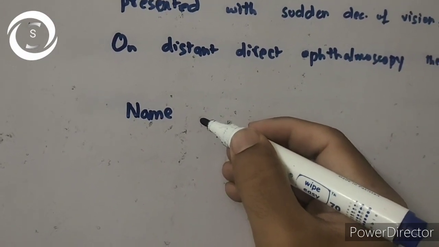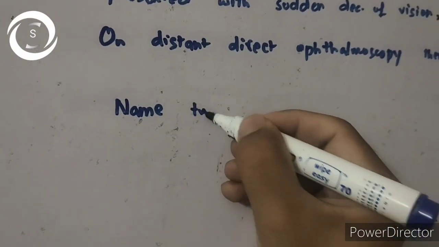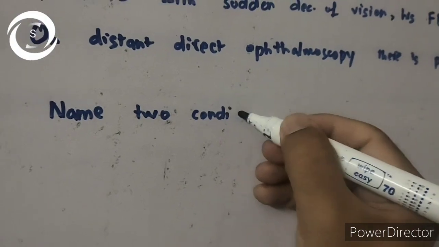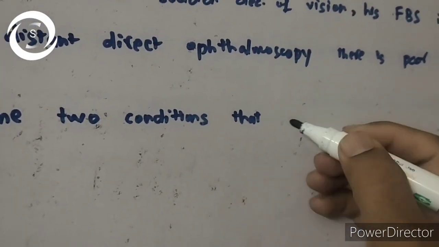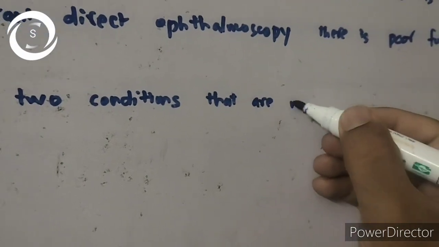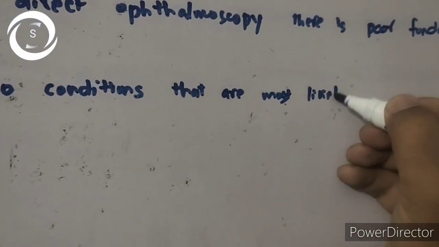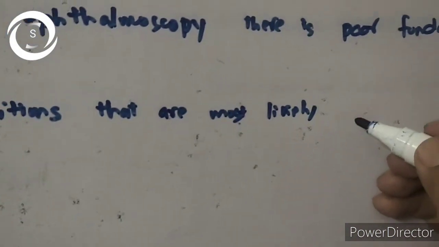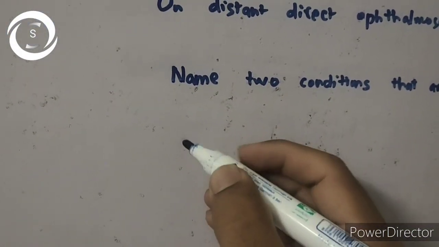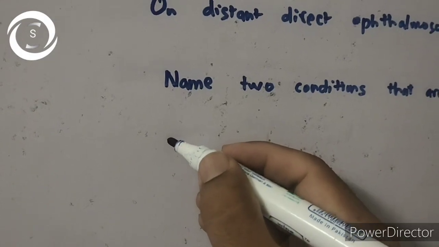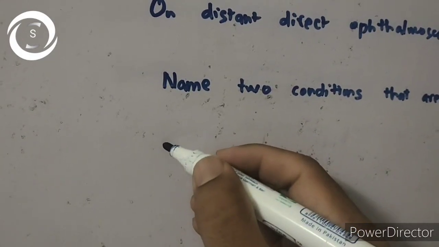Now here you are asked very clearly, name the two most likely differential diagnoses. If you write three differential diagnoses, you will not get extra marks. Maybe your marks are deducted because you are asked for two conditions and you have written three. So always concentrate on the question asked in SAQ, what is the requirement of the exam.